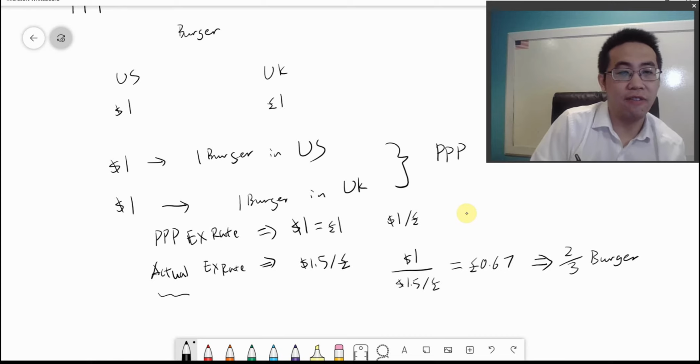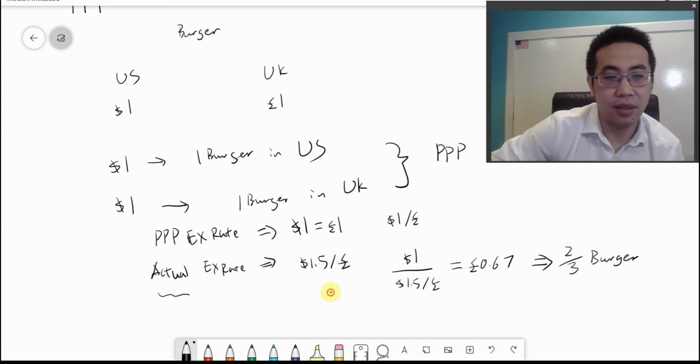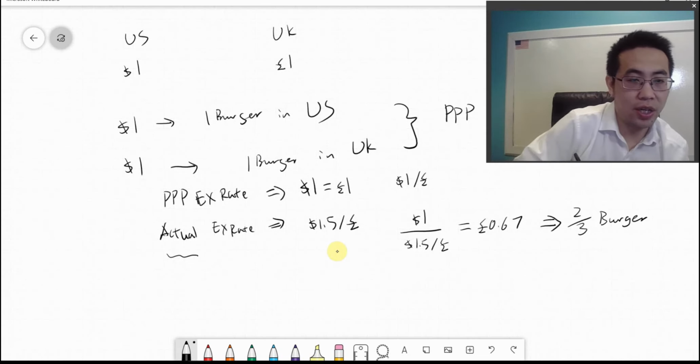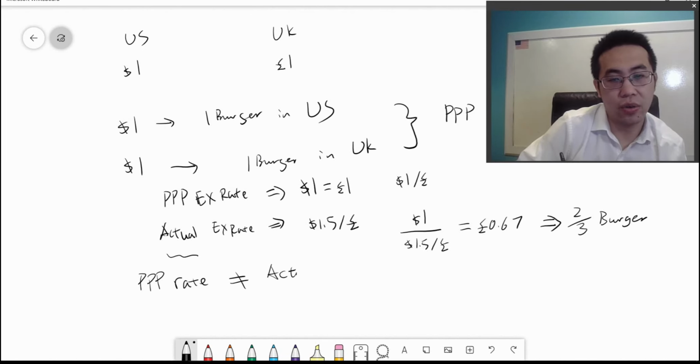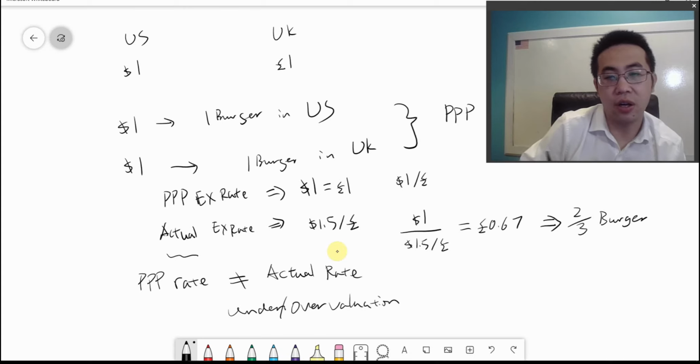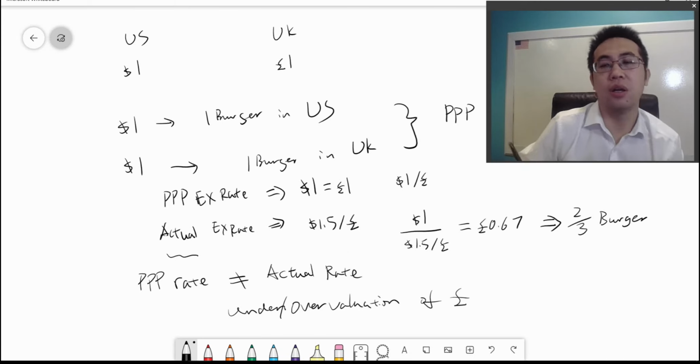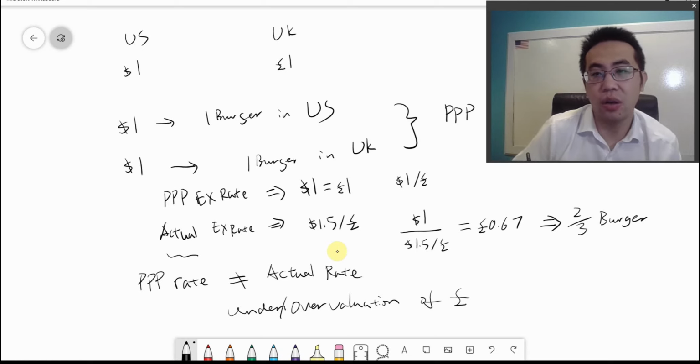When this is a violation, that basically means the PPP rate, which serves as a benchmark, does not equal the actual rate, and then there could be undervaluation or overvaluation of the currency, the British pound. All right, and you should have the skill to know the percentage of the undervaluation or overvaluation.